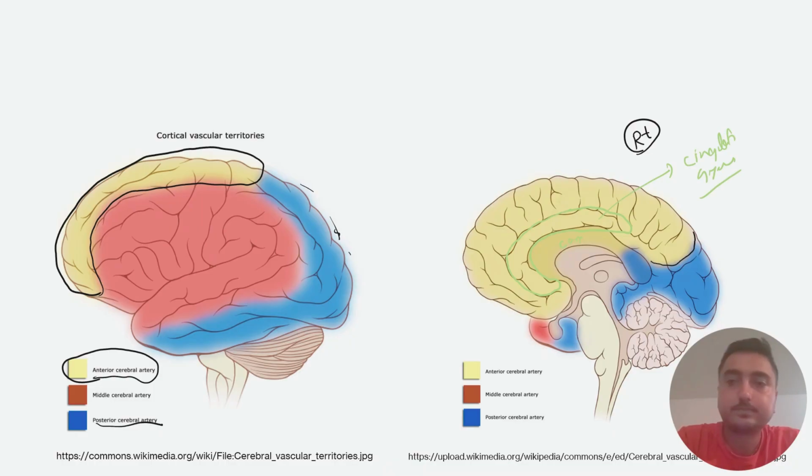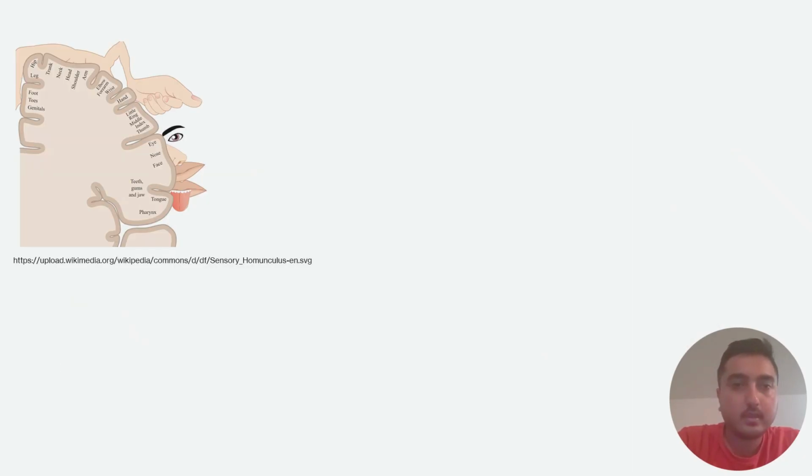All right, so now let's look at the different manifestations of the anterior cerebral artery stroke. This is the sensory homunculus, and the motor homunculus would also look like this.